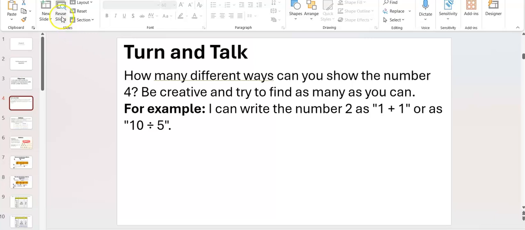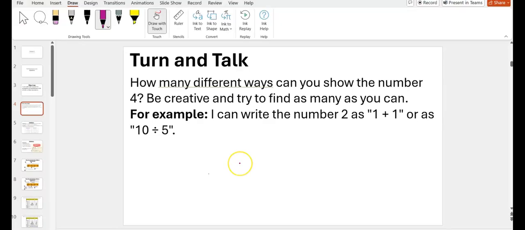All right, so hopefully you've paused your video so that you can think about this. Some ideas that you may have thought of would be 4 times 1, or 16 divided by 2. Sorry.